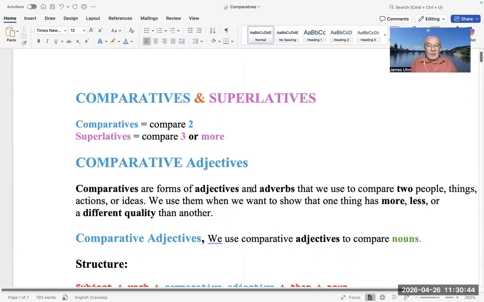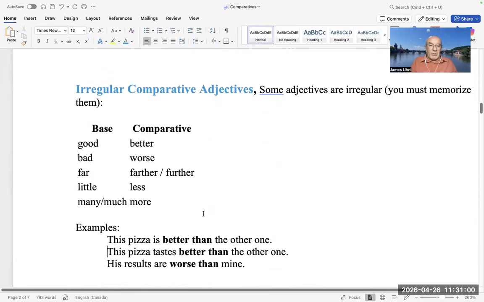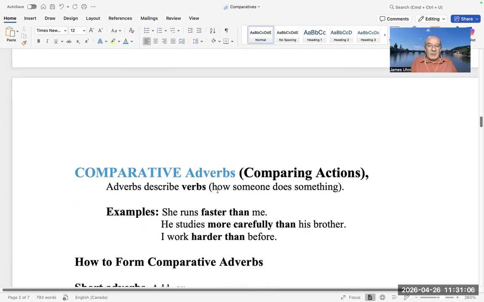That means when we want to show that a noun or pronoun has more, less, or different quality than another. So if I go to comparative adverbs, we are comparing actions.